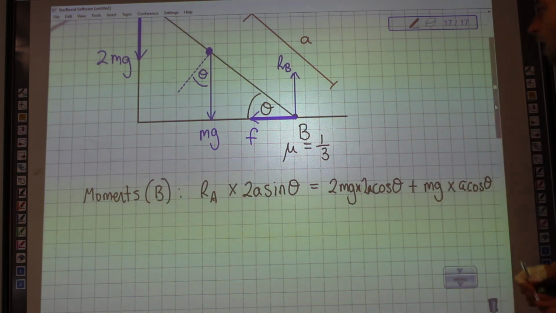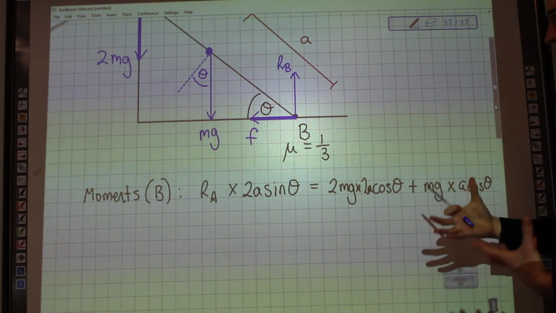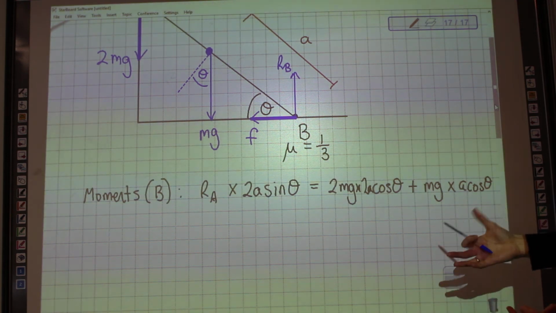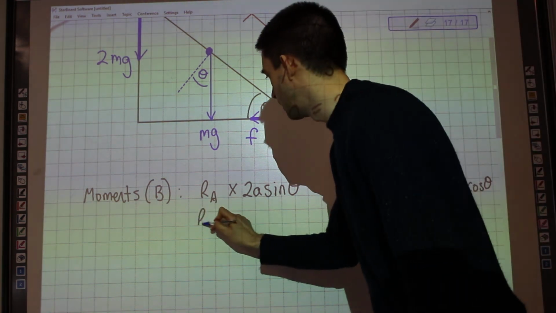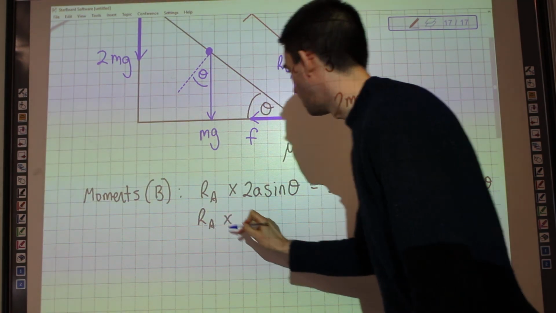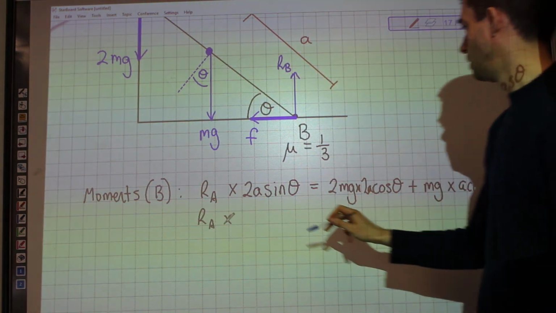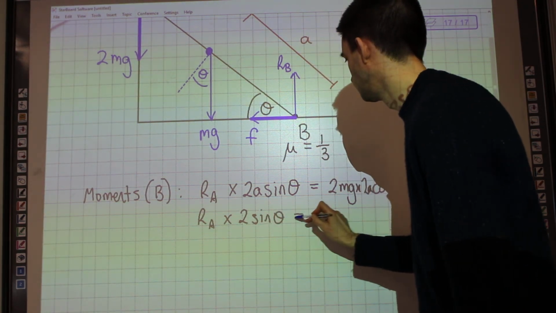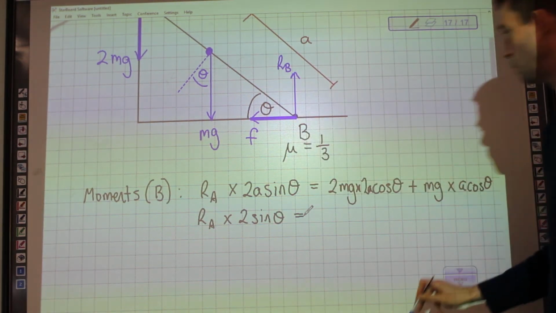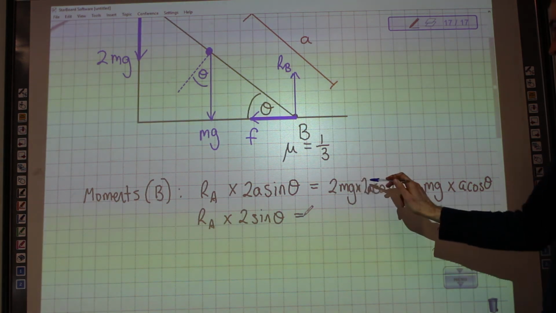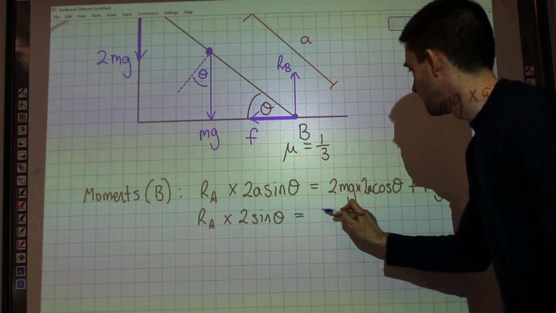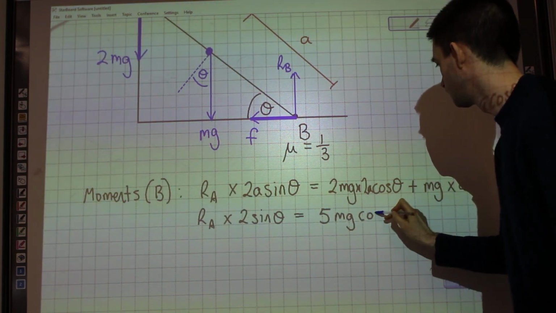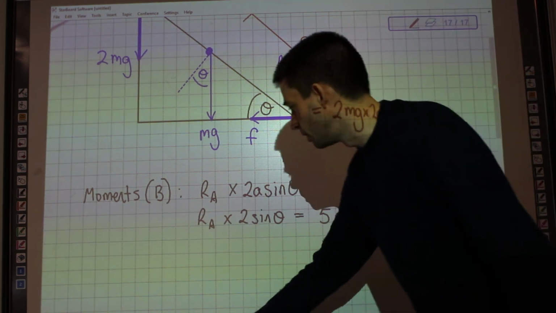Okay. And what I can see here is I've got a few too many unknowns going on. So what I'm going to do is I'm just going to say, okay, the reaction at A times by 2 sine theta is equal to 4 plus 1, 5 mg cos theta.